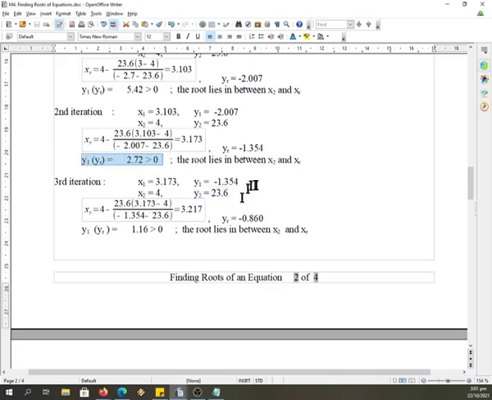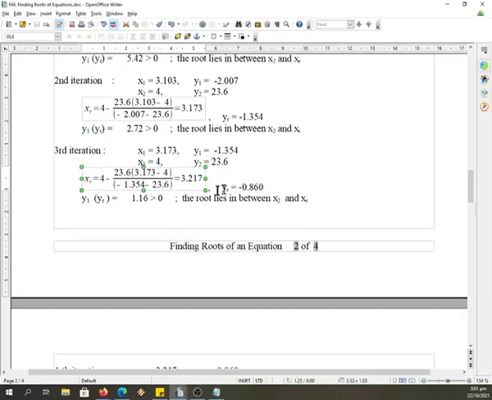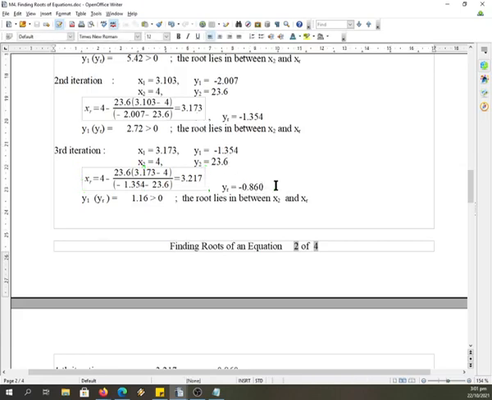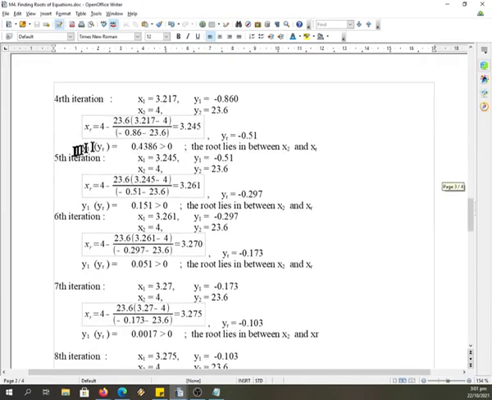This condition is satisfied. Then plug in the formula. Then again, xr is 3.217. This is larger than 3.173, our previous approximation of the root. Then this is a negative 0.086. Then continue with the fourth iteration.